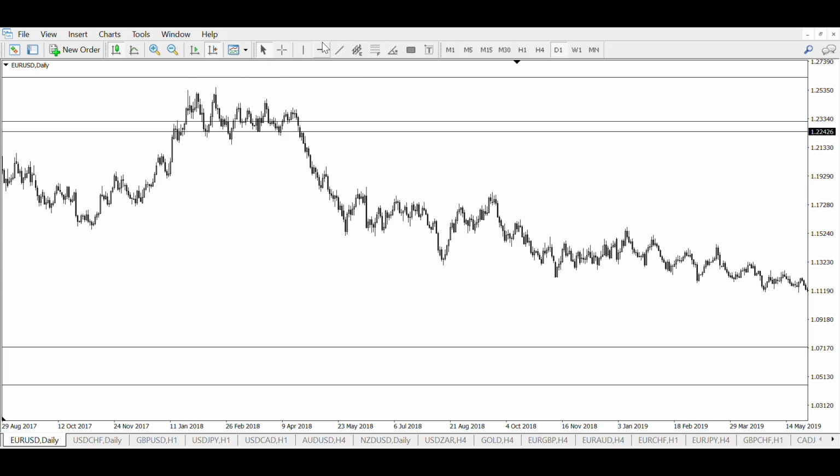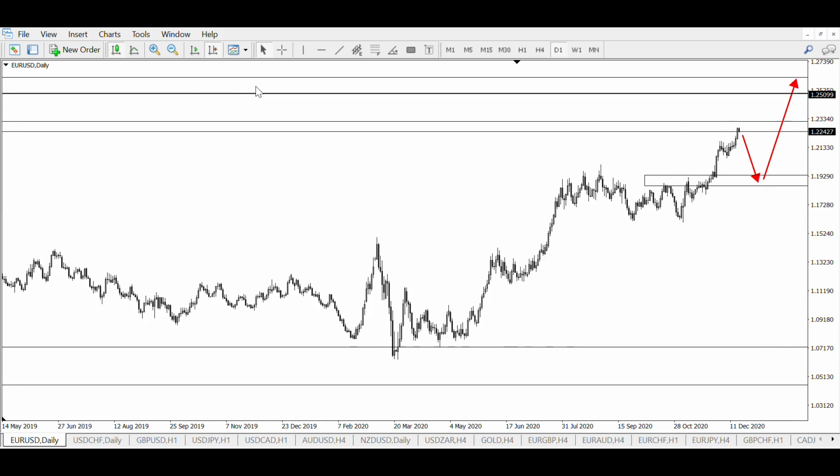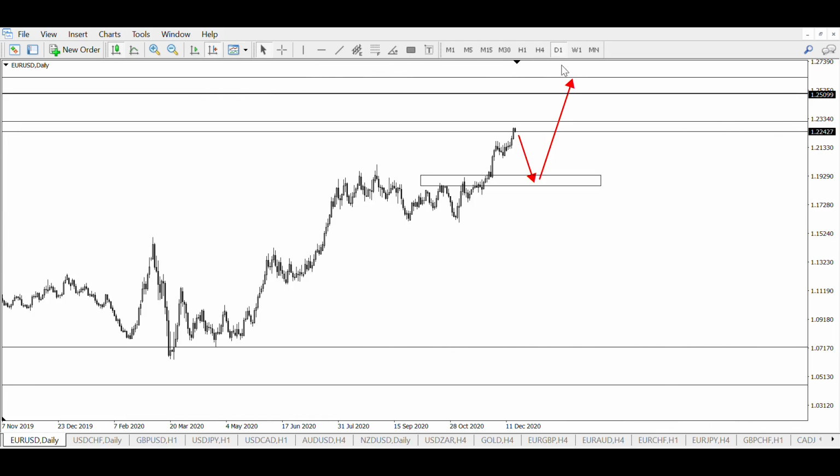So I think where I pointed to is a little bit too ambitious. So let me just do this and correct it, because being too ambitious in your take profits can also cost you a lot of pips. So as you can see, that's about a 5,000 pip move. And it won't happen overnight. It's not gonna happen now.